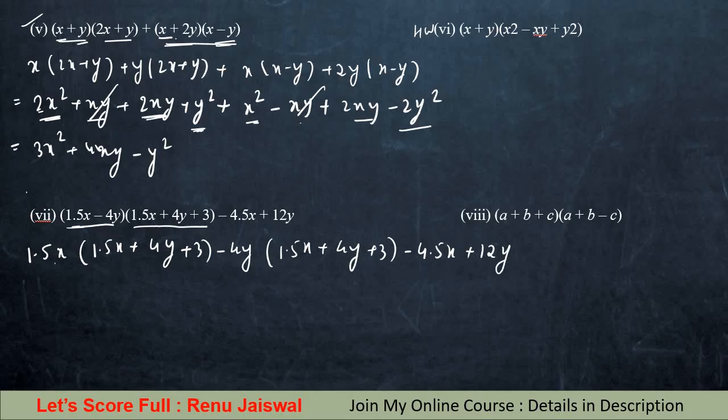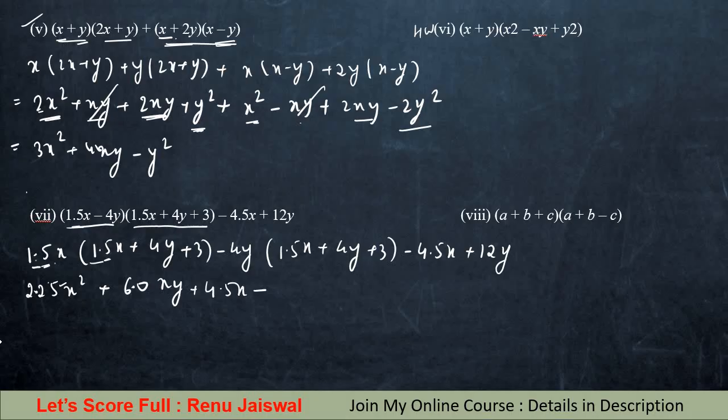Then here I told you how to multiply decimals. Consider there is no decimal. So 15 into 15, 225. After the decimal, 1 digit and 1 digit, 2 digits. So just count from the right, 1, 2. The decimal will come here, and then x square. 15 fours are 60. And then after the decimal 1 digit, so here is 6xy, and same way here 4.5x.